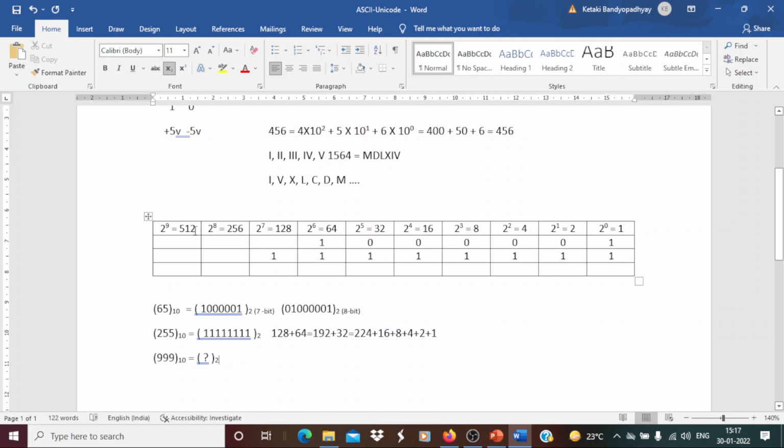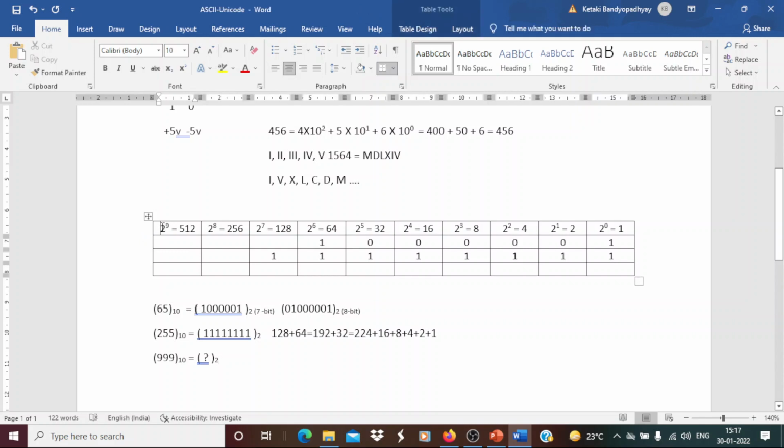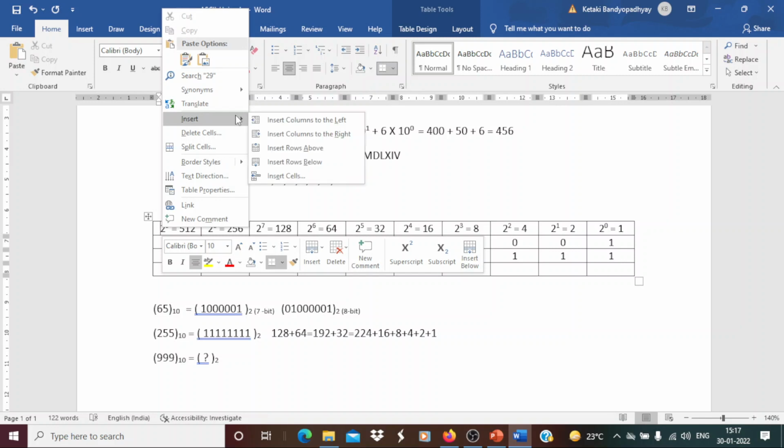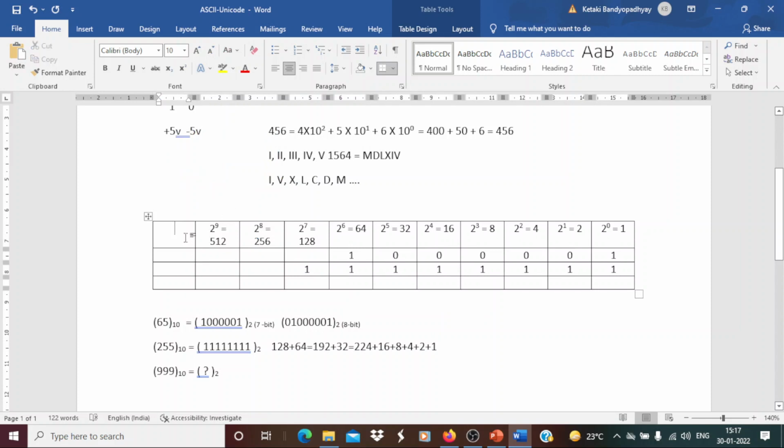If I need more than 1024, I'll simply increase this scale: insert another column to the left. So I can write here that 2 to the power 10 is equal to 1024. So I can now represent 1024 into 2 as a maximum value.